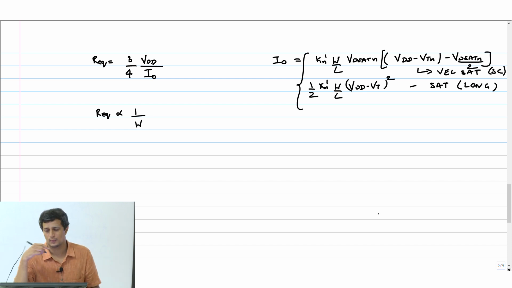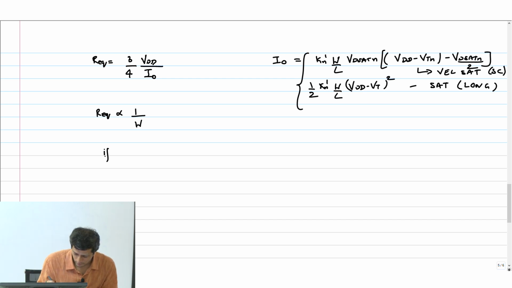Now what happens if VDD is very large? Suppose VDD is very large compared to VT, such that VDD minus VTN minus VD sat n by 2, then what will happen? If it's velocity saturated and VDD is very large, what happens to the R equivalent as a function of VDD? But there is also an inverse dependence on 1 by VDD minus VTN minus VD sat n, no?